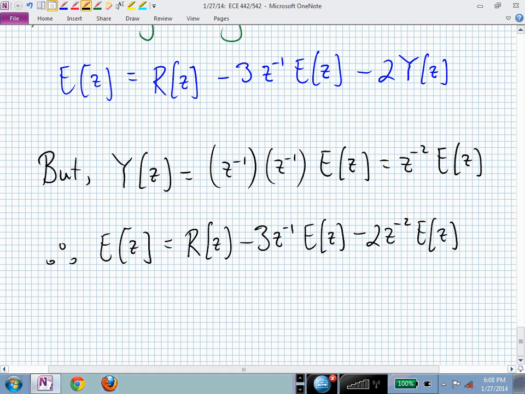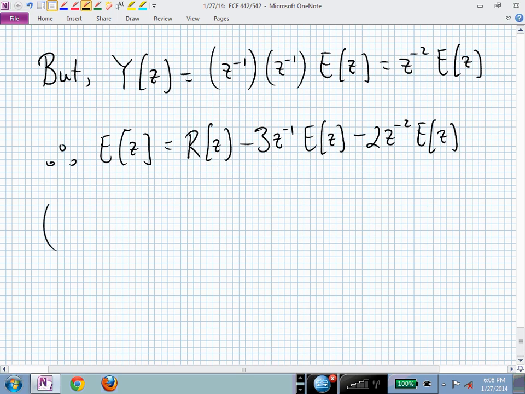I can get all the E's on one side and all the r's on the other. I'm just going to go ahead and combine those now. I know you guys can do the math since you've been doing this since 6th grade, right? So this is now 1 plus 3z to the minus 1 plus 2z to the minus 2 times E of z is equal to R of z.